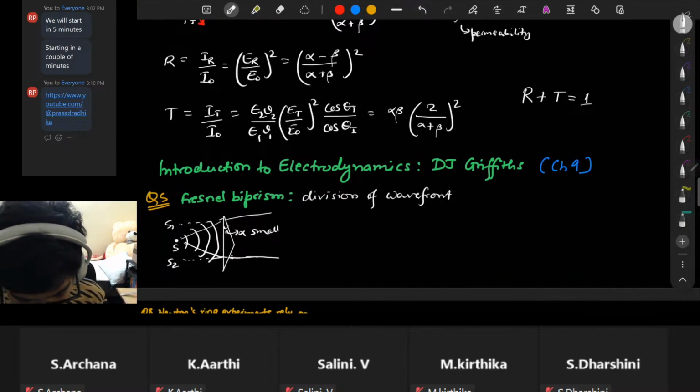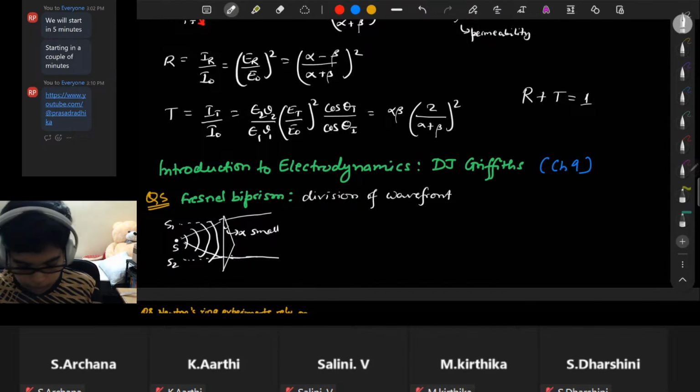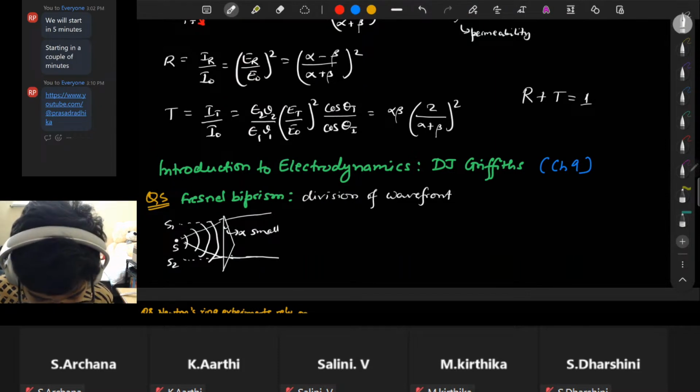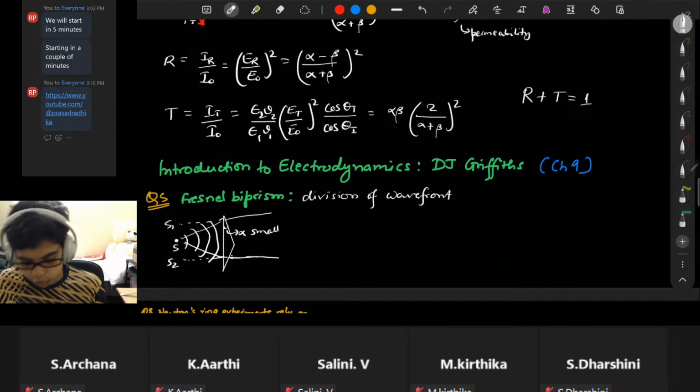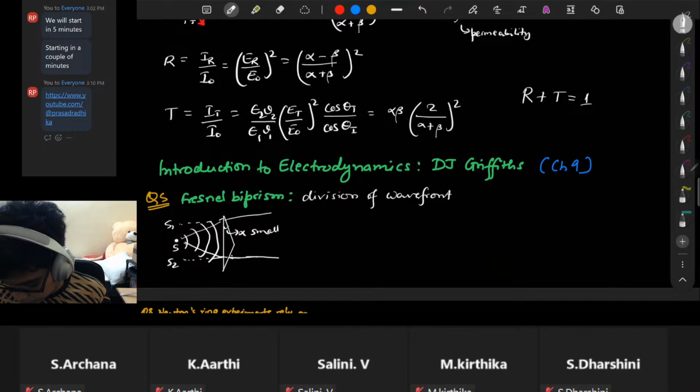These wavefronts, because of this transmission, get split up. So it seems as if the wavefronts are being emitted from these sources.